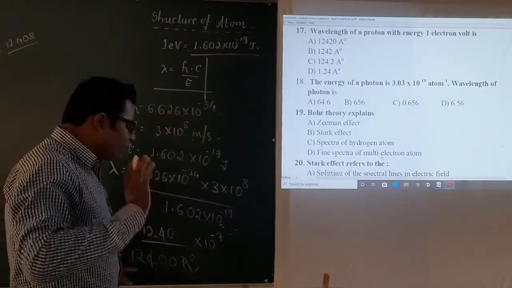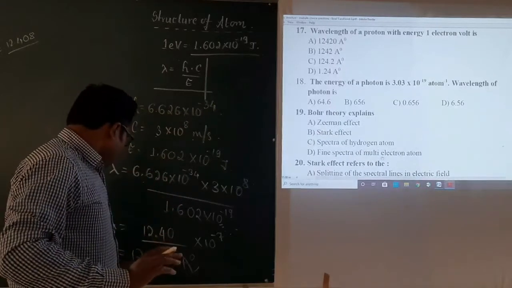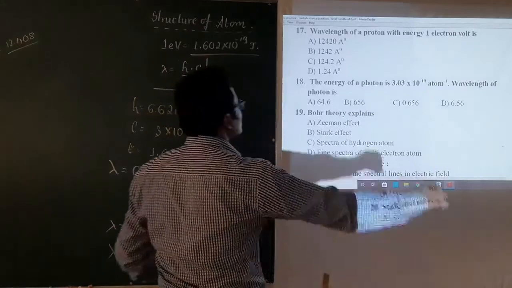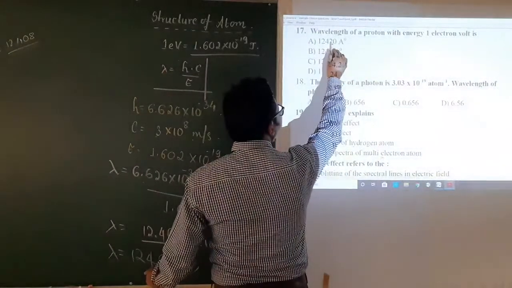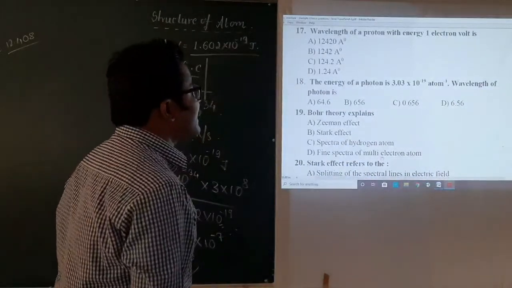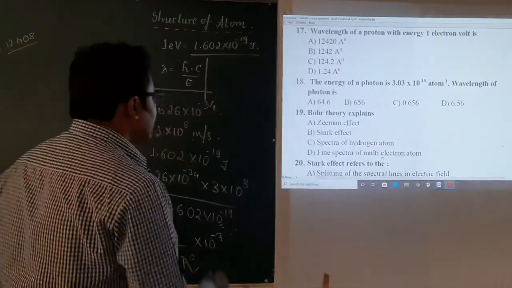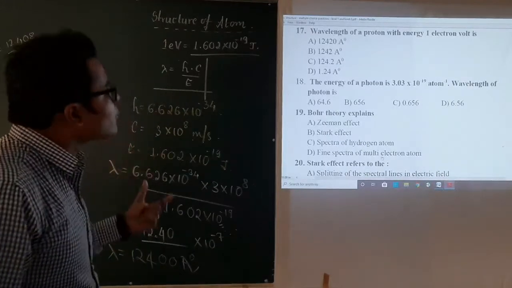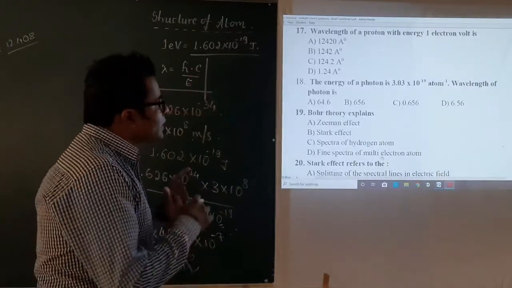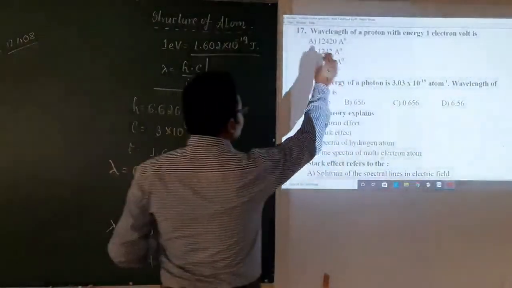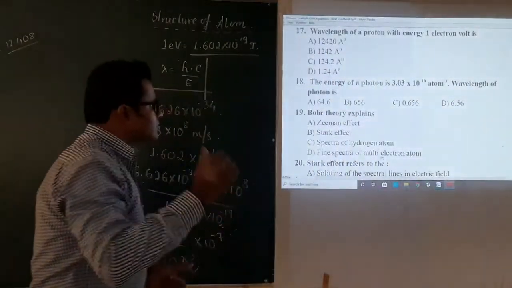So I need to have a value nearby 12400 angstroms. The answer A is correct over here. Approximately the answer is going to be 12,400 angstroms. Here it is 12,420 angstroms. So you can expect the answer A in this scenario, right?